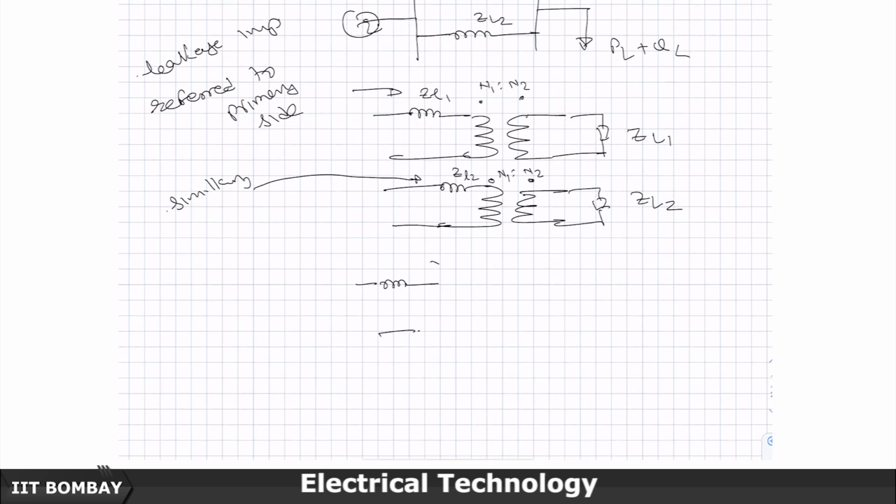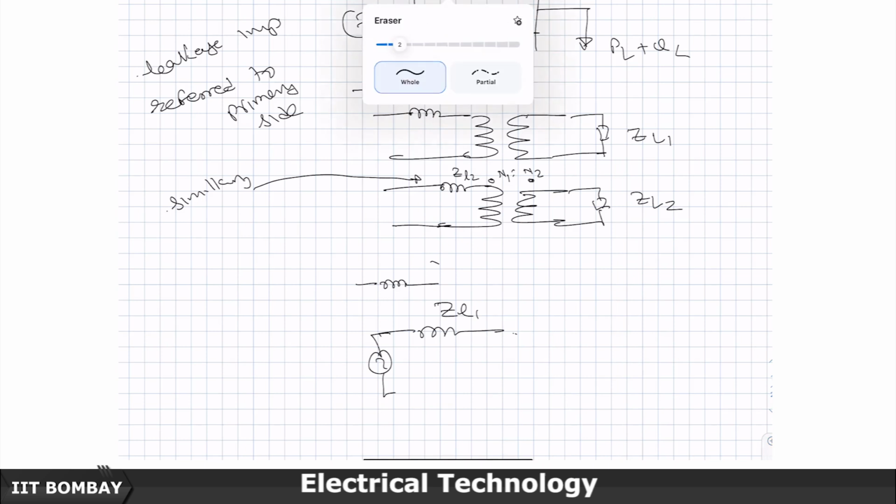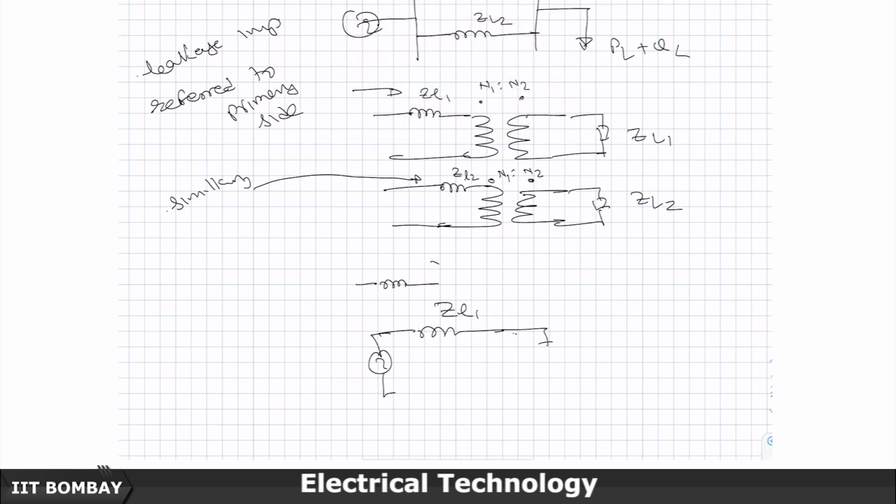Then the equivalent circuit is ZL1 for the first transformer, supply, and this philosophical discussion I am doing, still not playing with numbers, ZL1 N1 by N2 whole square.